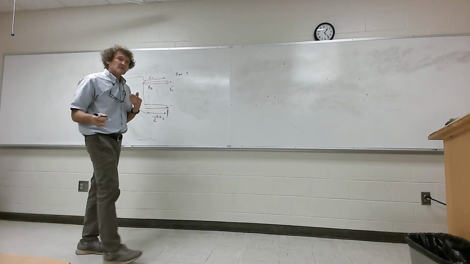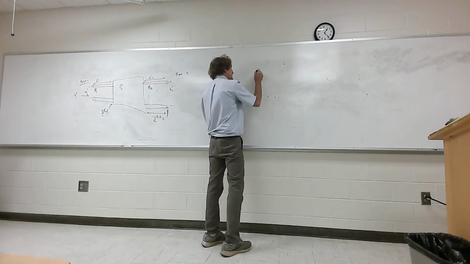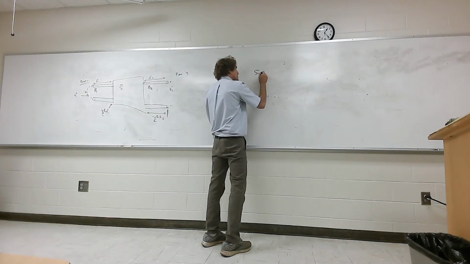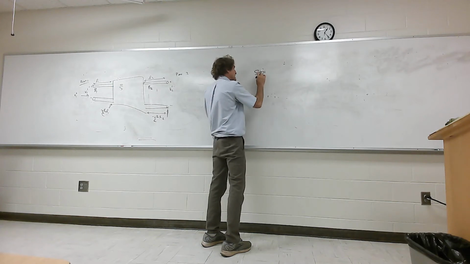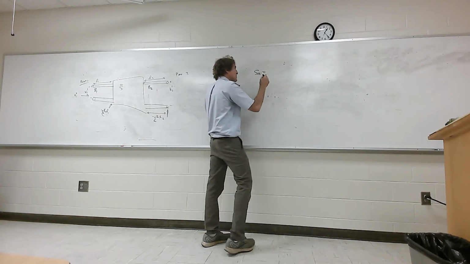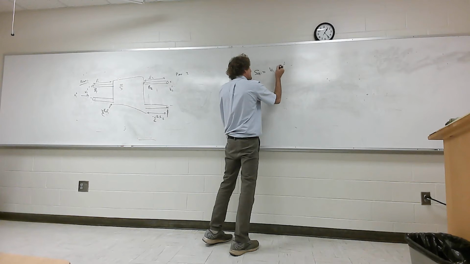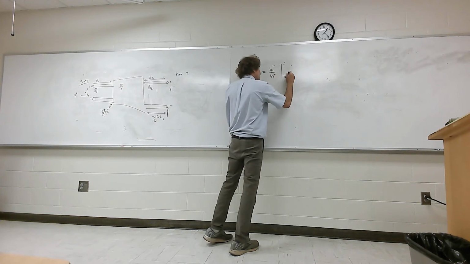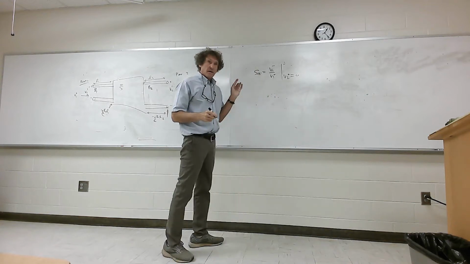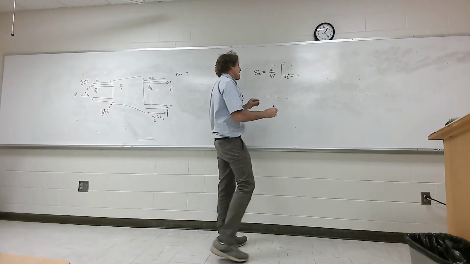Don't follow me? That's just the phase difference. So think about this. When we take a look at S22 before, or better yet, S11. When we had S11, that was V1 minus over V1 plus, assuming V2 plus was 0. That was the definition of S11.